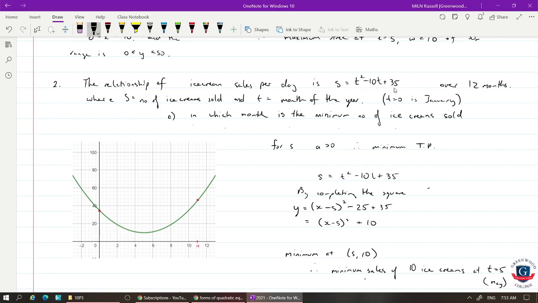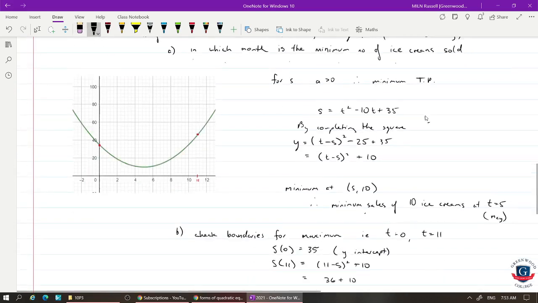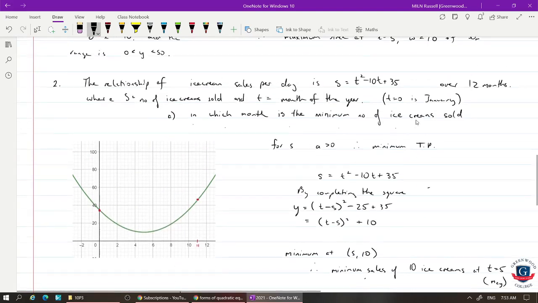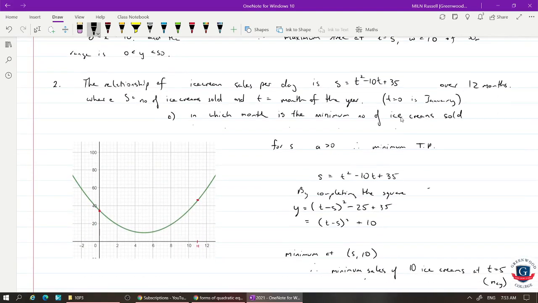T squared take 10t. Right, I did it right everywhere else. Okay. So where S equals the number of ice creams sold, and t equals the month of the year, with t equals 0 being January.